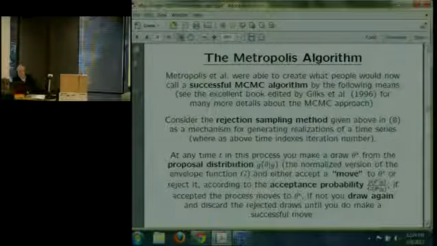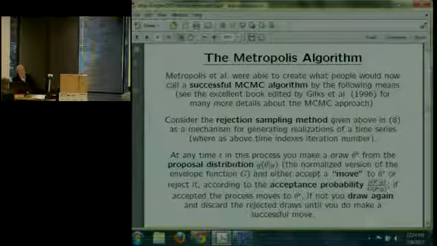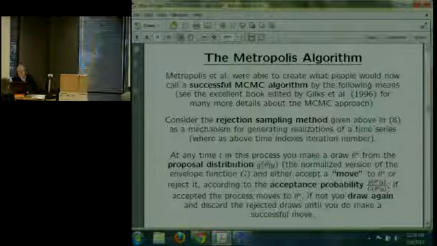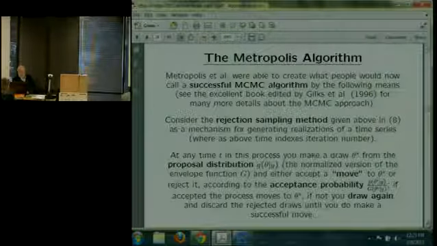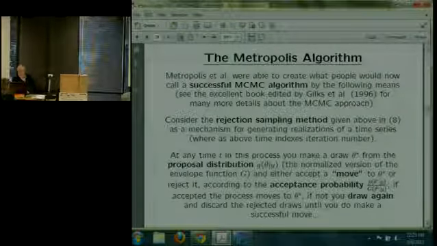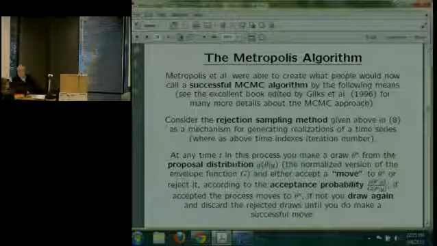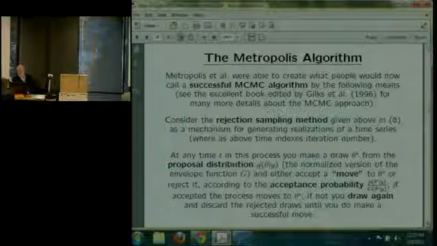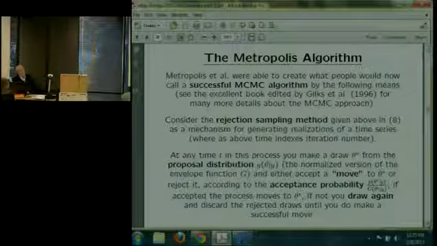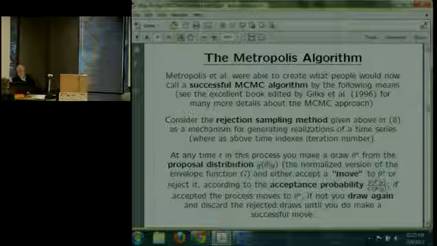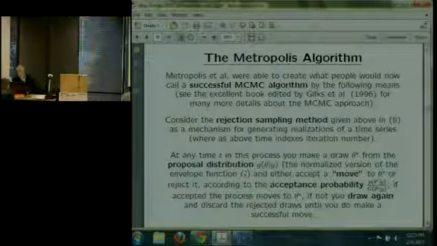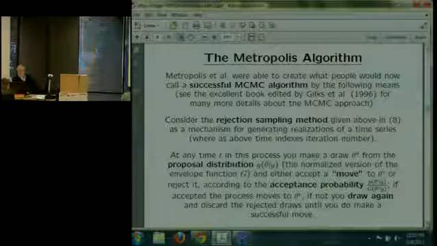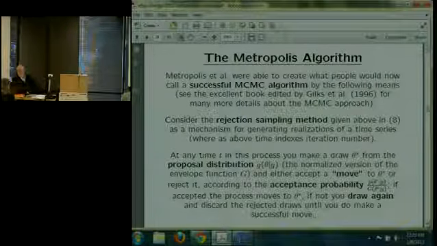At any time t in the process, you make a draw theta star from the proposal distribution, lowercase g of theta given y, which is just the normalized version of the envelope function, capital G, and you either accept what we will call a move to theta star, so you actually move the chain so that the value at time t plus 1 is this new theta star, or you reject it according to the acceptance probability, which is computed by the ratio of the height of the target at where you're thinking of going divided by the height of the envelope at where you're thinking of going.